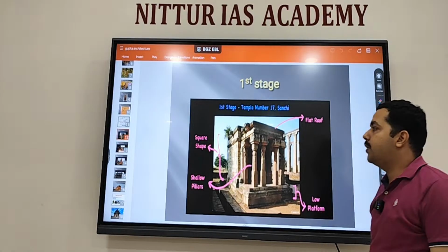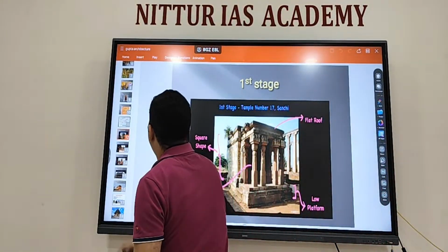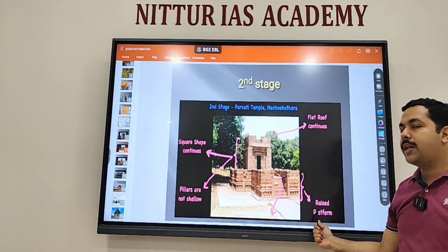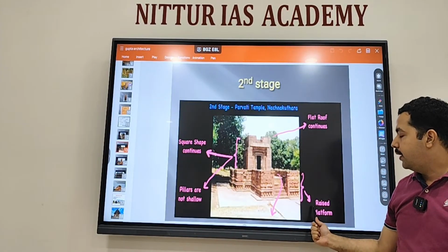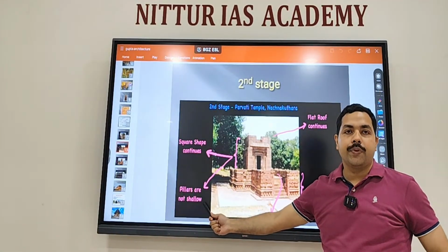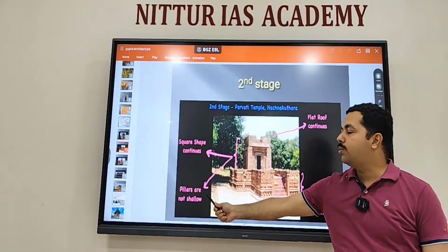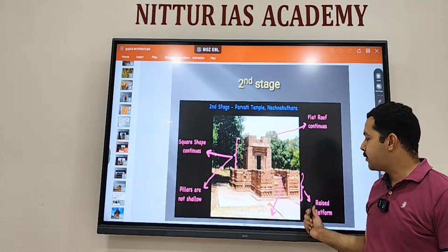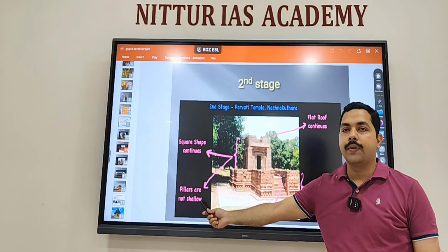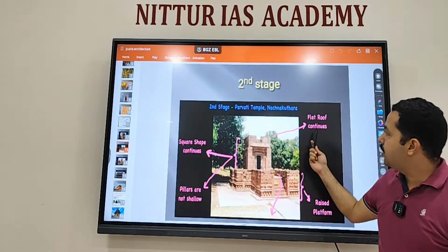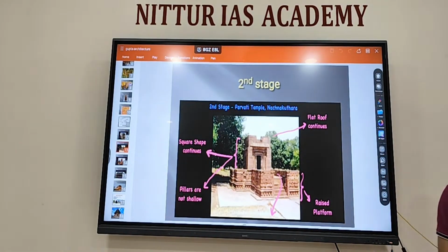Second stage, now you write down. First, raised platform, no shallow pillars. Third, you write down square shape continues, flat roof continues, no wide broad pillars.